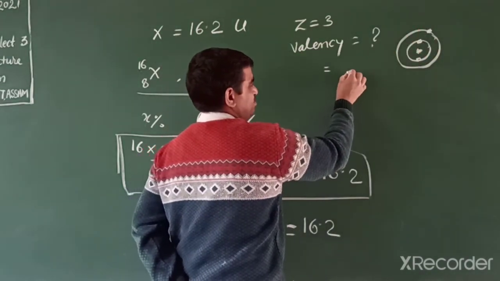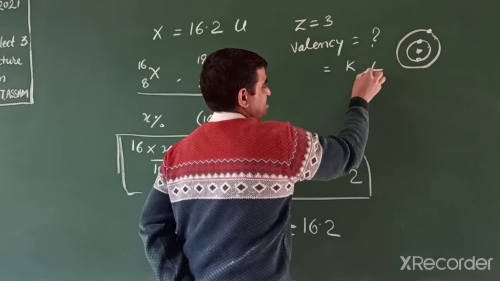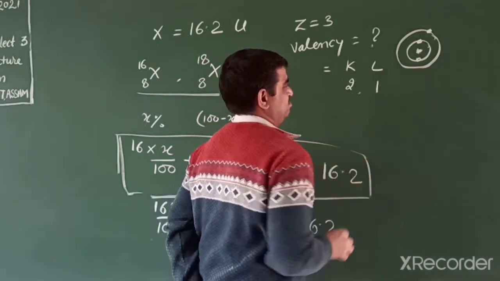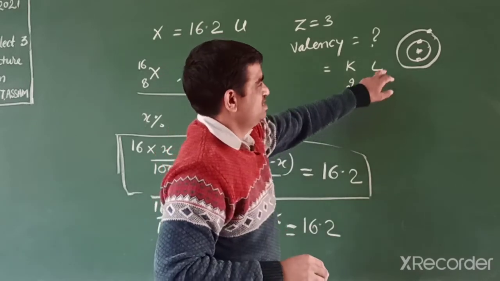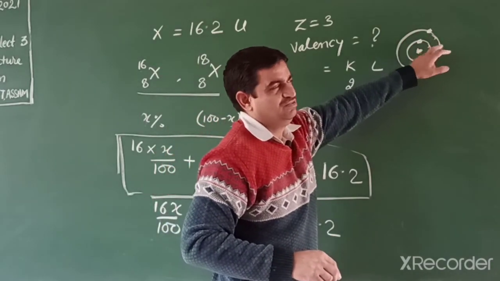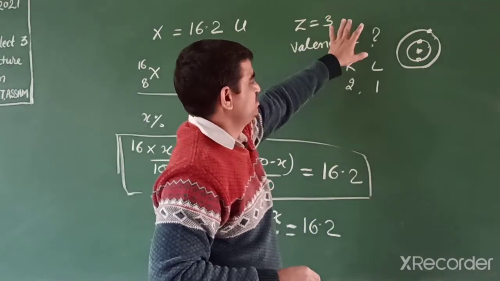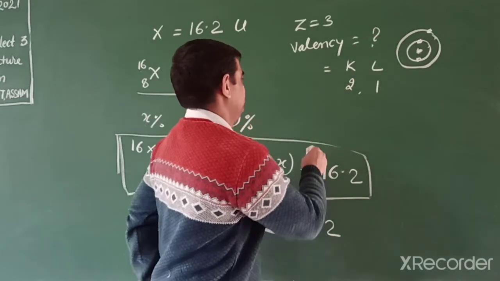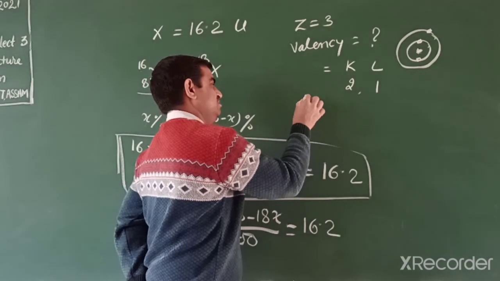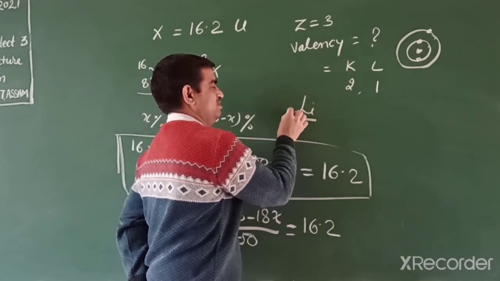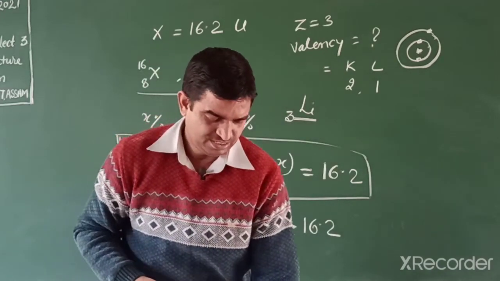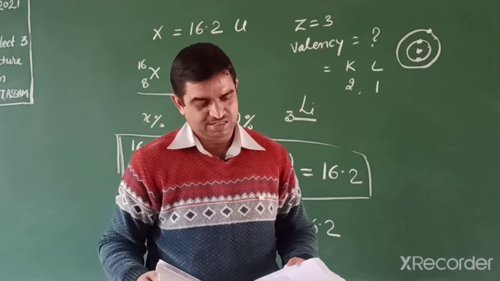So it is K and L: first shell 2 electrons, second shell 1 electron. The last shell is the L shell, that is the valence shell. So its valency is 1 and that element is lithium. Lithium has atomic number 3, so its valency is 1. In this way you can solve other questions.